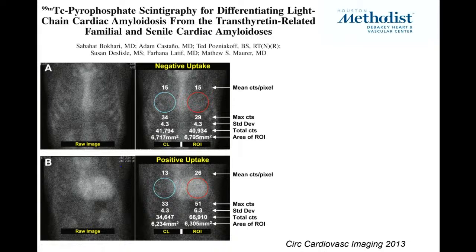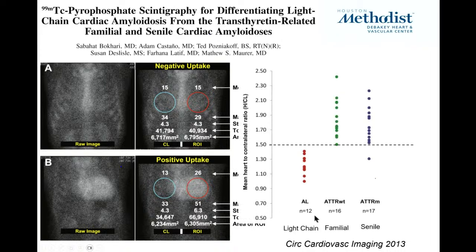In this slide, we're using the original examination that was done with planar nuclear, comparing the uptake of pyrophosphate in the heart to the adjacent lung, and showing here that patients with familial and senile very often, over 90% of the time, have this increased uptake.